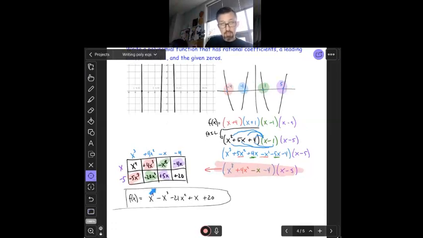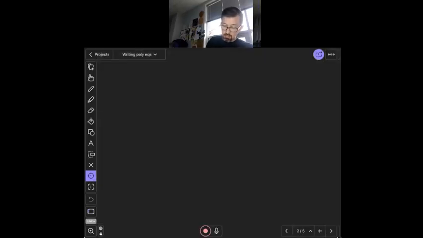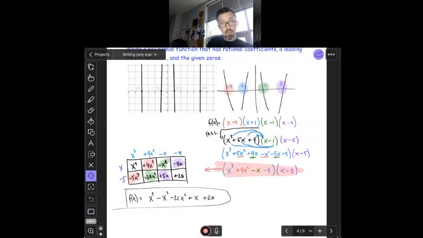Look at our exponent, x to the fourth. There were 3 answers. Look at our exponent, x cubed. There were 2 answers. Look at our exponent, x squared. Fundamental theorem of algebra. How many answers there are? Highest exponent every time. Okay?